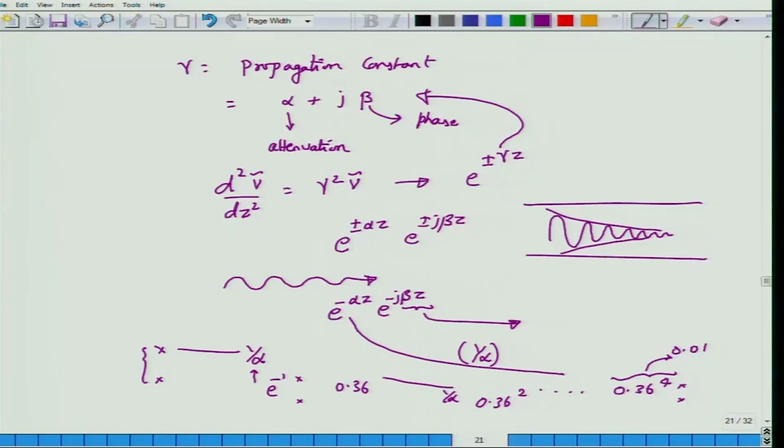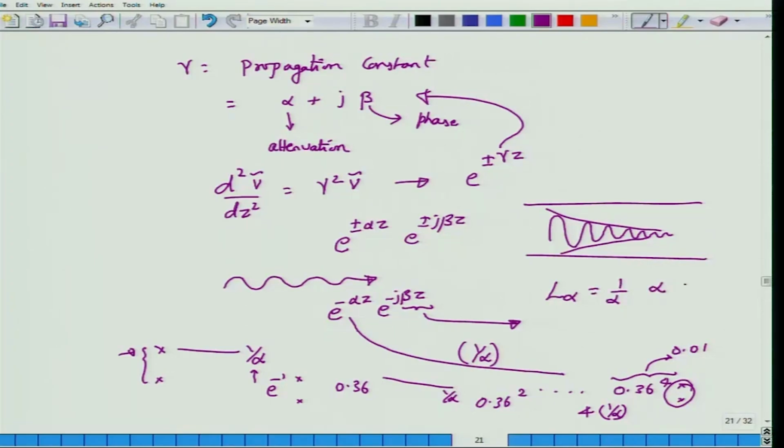The voltage at this point after 4 into 1 by alpha will be very, very small compared to the voltage amplitude at the initial point along z that you consider. This 1 by alpha therefore is called the characteristic or the attenuation length of the transmission line, and it is given by 1 by alpha.